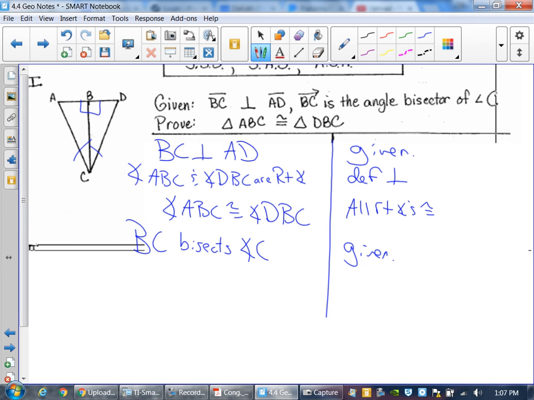The 2 angles that are formed are ACB and DCB. Straight off of your progression sheet.